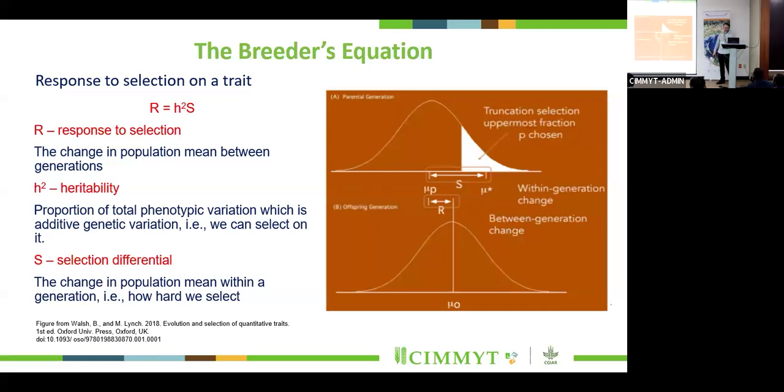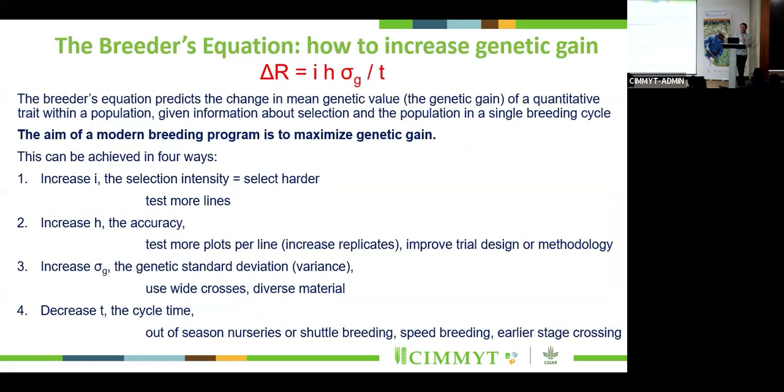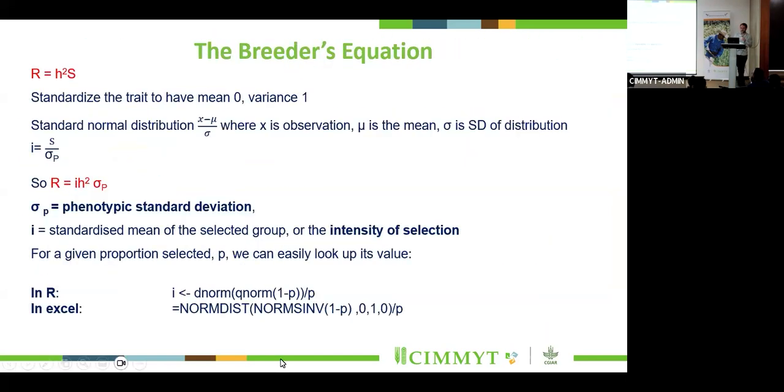The response to selection over time is genetic gain, which we're trying to maximize. This is the response in only one generation, we're trying to maximize this response over time. But that's the original equation.